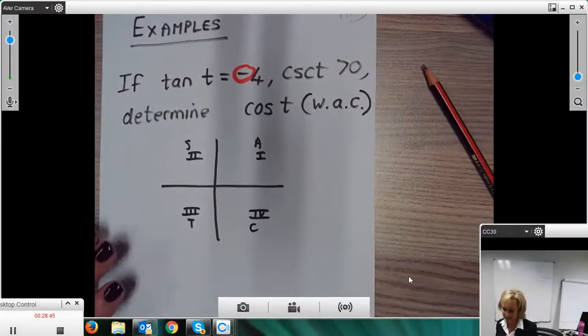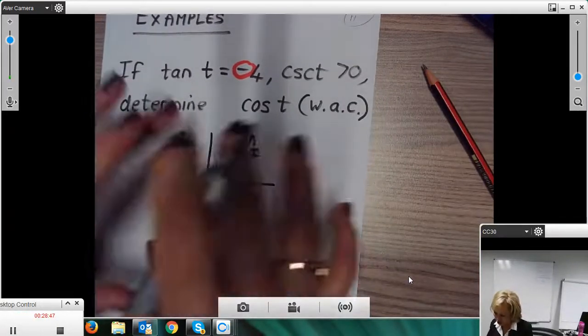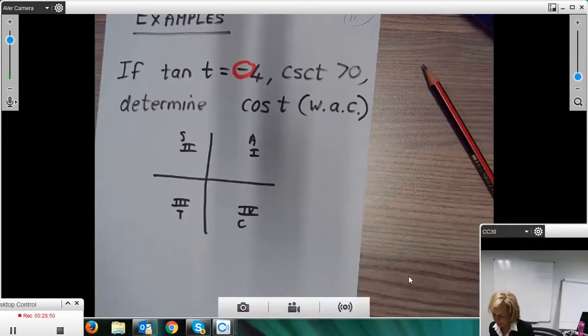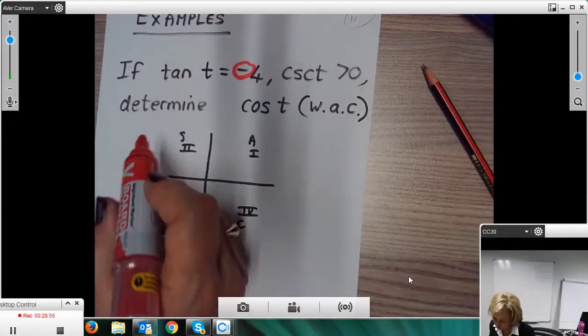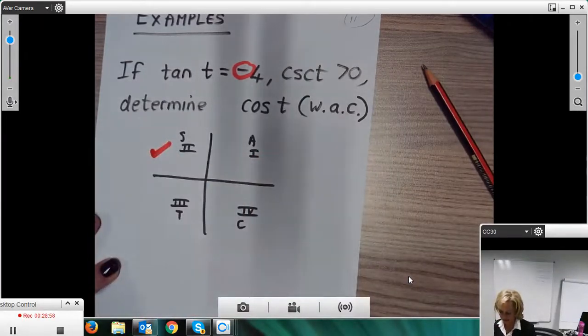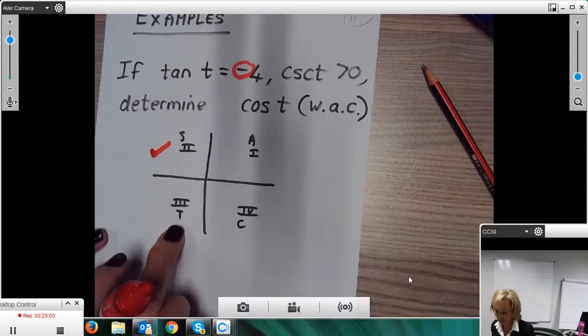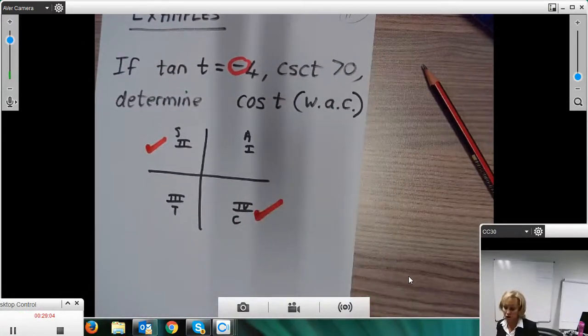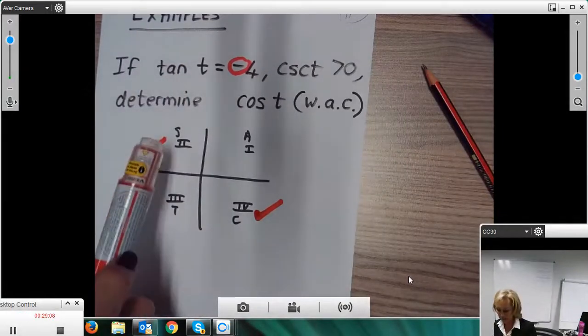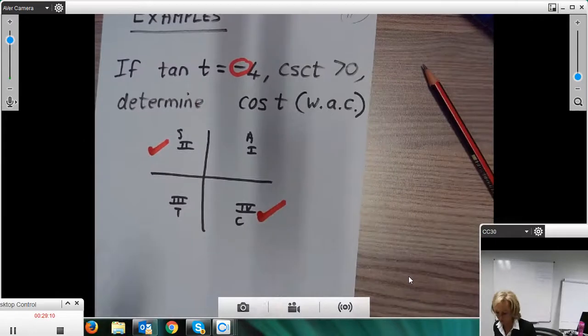Now tan is negative, so look over this and decide in which quadrants is tan negative. Well, first quadrant, it's positive. Second quadrant, yes, tan is negative. Third quadrant, tan is positive. Fourth quadrant, tan is negative. Right, so that information tells me that my answer can be in the second or the fourth quadrants.